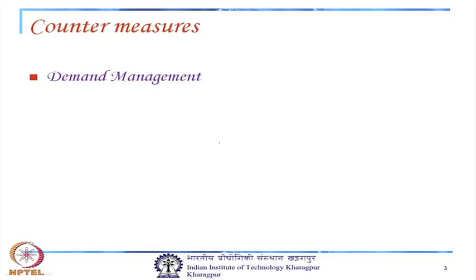So, one thing we can do is manage the demand. By managing the demand itself, we can counter saltwater intrusion; this is one kind of countermeasure. Then non-potable water reuse is the second measure.